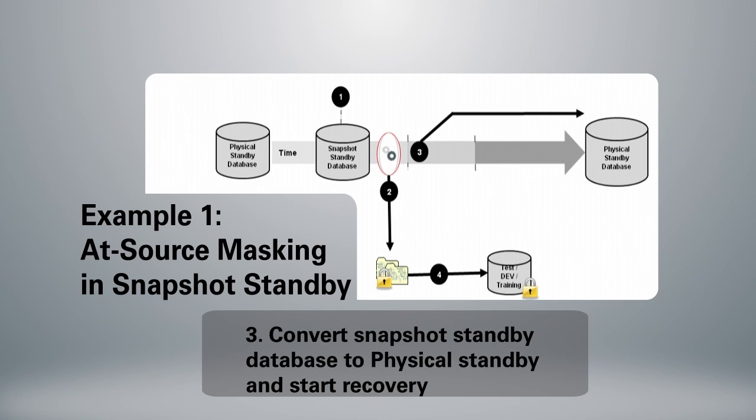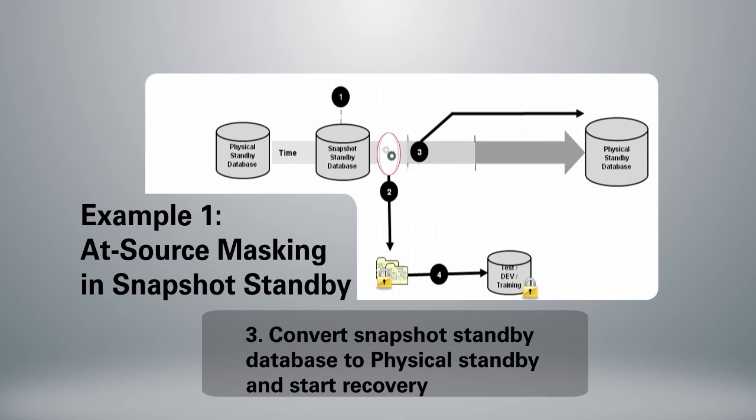So having said that, once you've completed your data masking test, you can simply convert your snapshot standby database back to a physical standby database, and the recovery continues from where it was left off. So you have not affected production, you've gone over your standby database, and you have utilized at-source data masking on a non-production database.